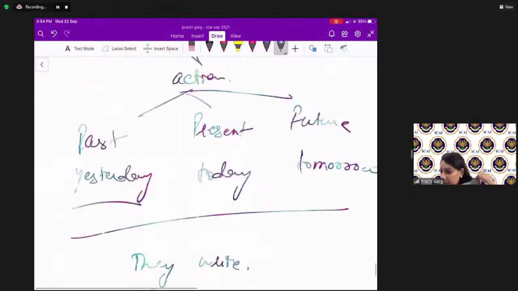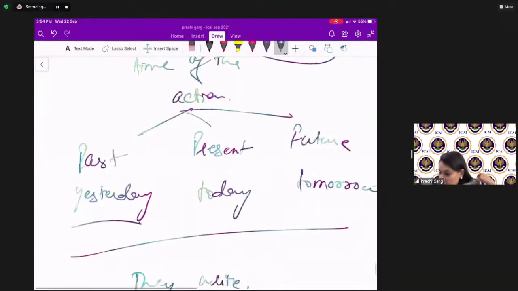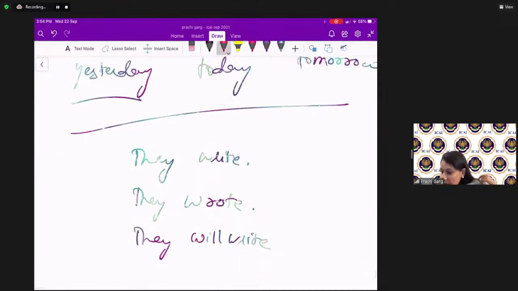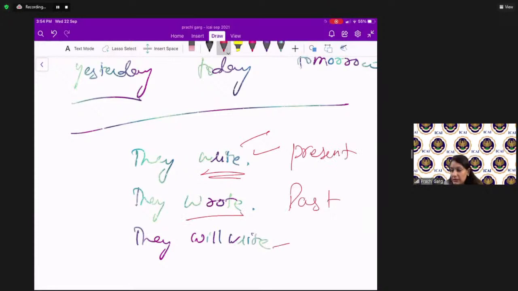Okay. Now, write is the base form of the verb, right? And we are talking about present tense here, right? This is the past, and this is the future, right? In past tense, the verb takes the second form of the verb.